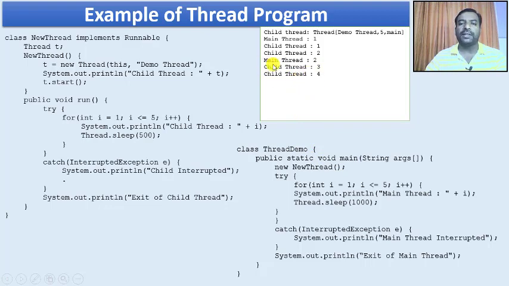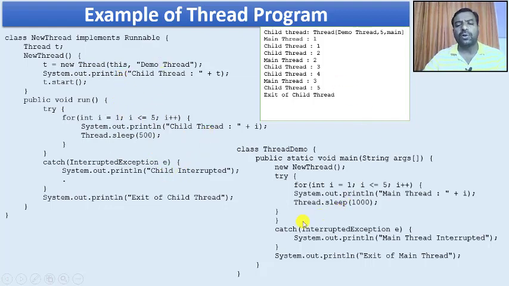Now the main thread has woken up, so the control will come to the main method, and the main method has printed the value 2. Now it's going to print 3, and the control will go to the child and it is going to print, fine, and the loop is completed, and it is going to print the message exit of child thread, and there is no more thread called T.